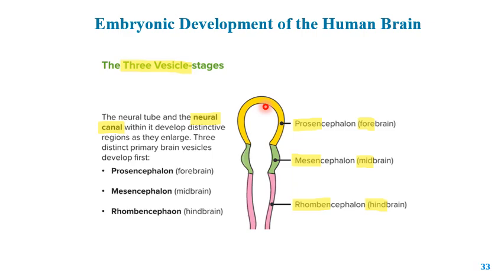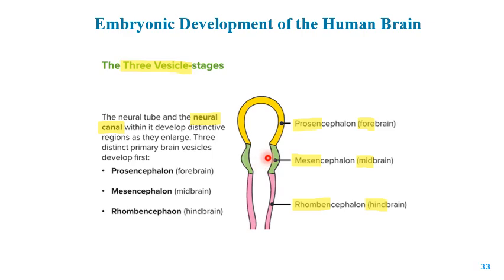You have three areas that are forming like different little holes that you call vesicles, like baskets. The first area over here that you call prosencephalon, they form this first little area of vesicle here. This is what's going to make the forebrain.